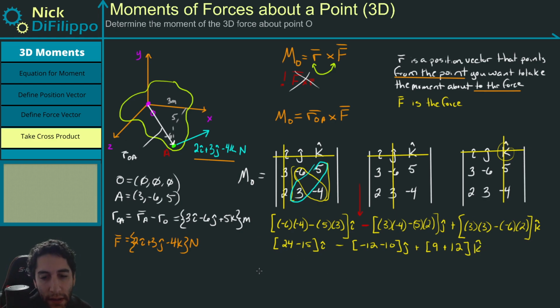All right, and then we know the moment about O, our answer is going to be 9i. This is a minus 22, with that minus sign it is plus 22j, plus 21k, and our units are going to be newton meters.